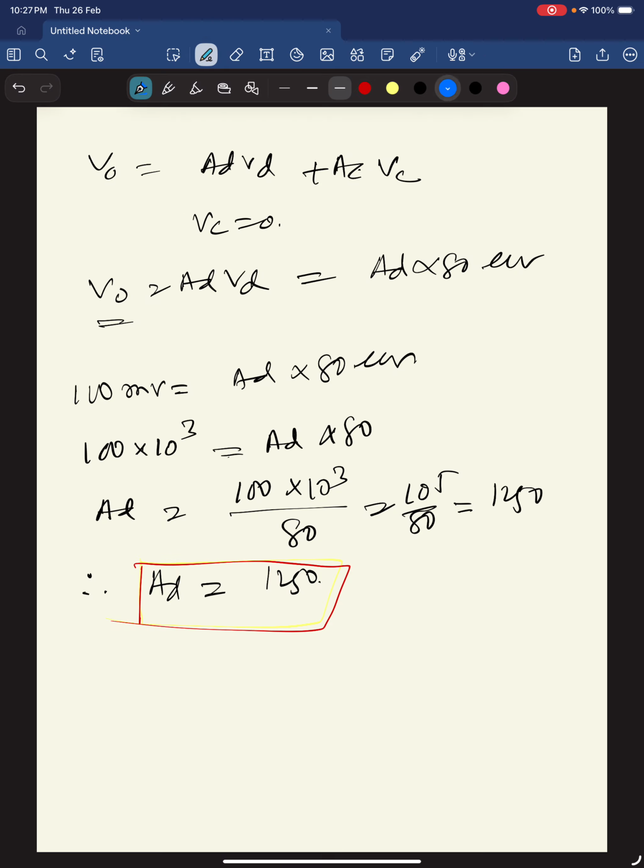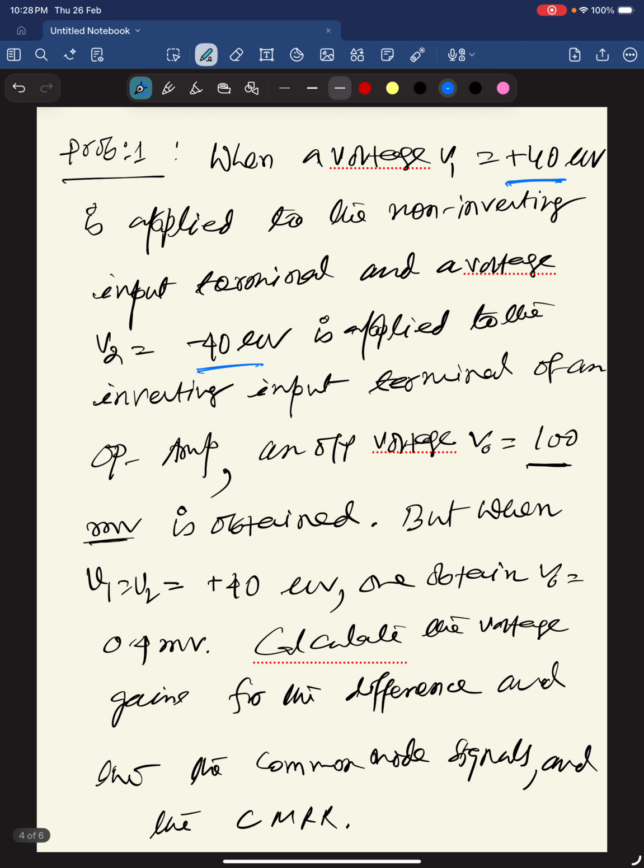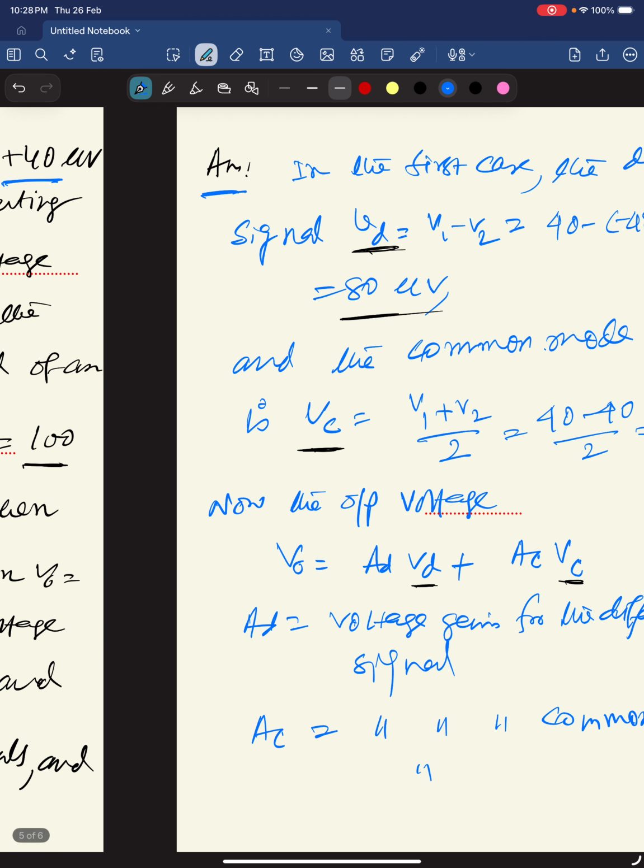Now the second case, case 2. V1 is equal to V2 and both are 40 microvolt, and V0 is equal to 0.4 millivolt.